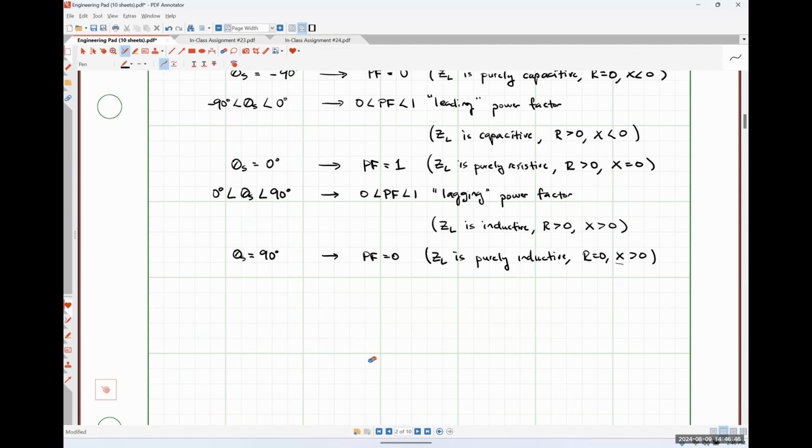I genuinely don't think the equation sheet is necessary, so I'm still going to allow you guys to use it, but I am not going to waste my time fixing it, if that makes any sense. So that's where I'm at on the equation sheet. I will happily allow you guys to use it, but you get to use it as is.